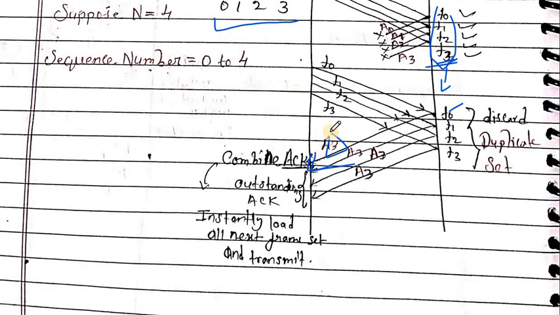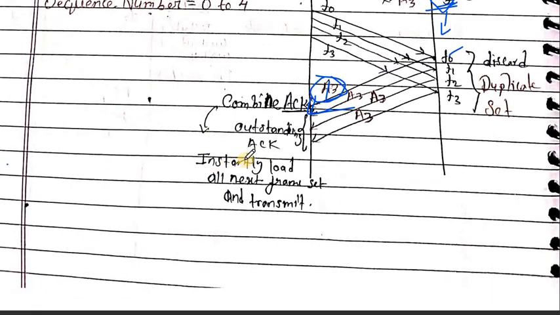The transmitter received the acknowledgement of A3, which means it is an acknowledgement of the third sequence frame, and it wants the fourth frame. So the transmitter sends the next frames from sequence number 4, frames 4, 5, 6, 7 as per the window size.